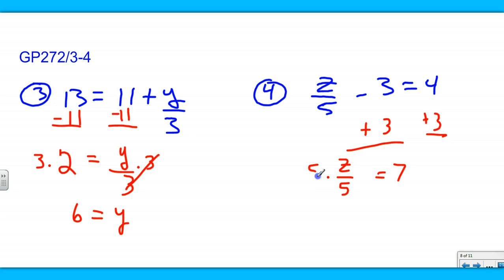Very good, multiplying by 5. Multiply both sides by 5. And 5 over 5 is 1. We have 1z equals 7 times 5 is 35. Excellent. If we plug that back in, 35 over 5 is 7, and 7 minus 3 is 4.